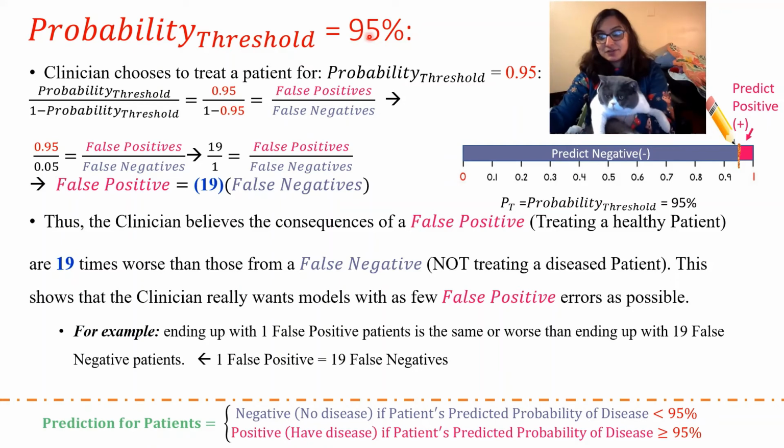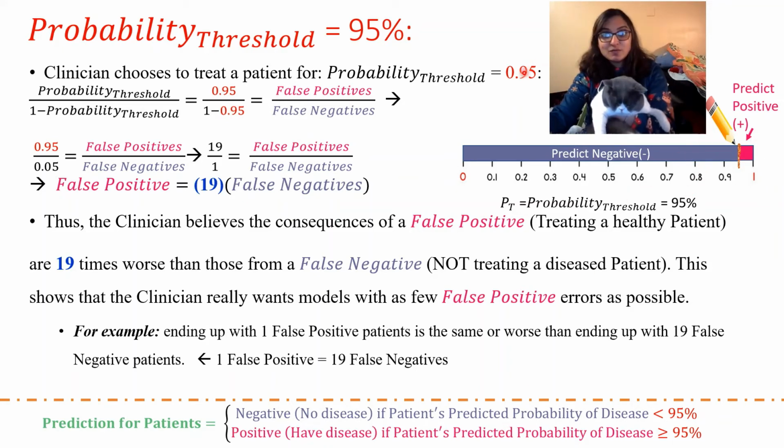But here it's going to be the opposite idea, because now we are predicting a patient is negative, even if they have 90%, even if they have 94%, as long as their predicted probability is less than 95%. We predict the patient is negative and does not have the disease. Otherwise, we predict the patient is positive and has the disease if the predicted probability is greater than or equal to 95%.